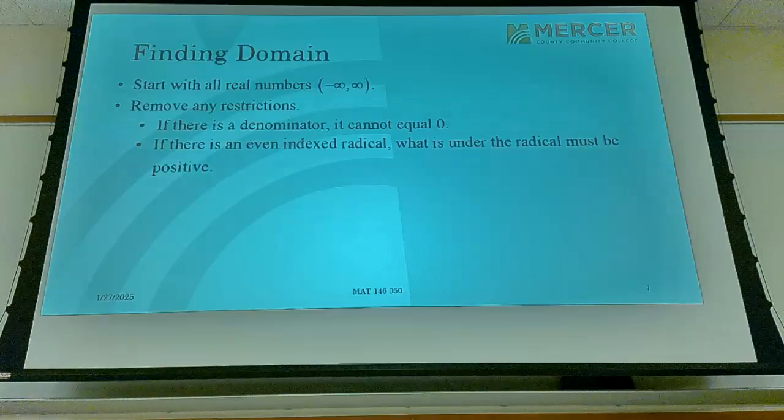The index is, for instance, for a square root, the index is 2. For a 4th root, the index is 4. So if that index is even, what's under the radical must be non-negative, 0 or larger. So fix that.